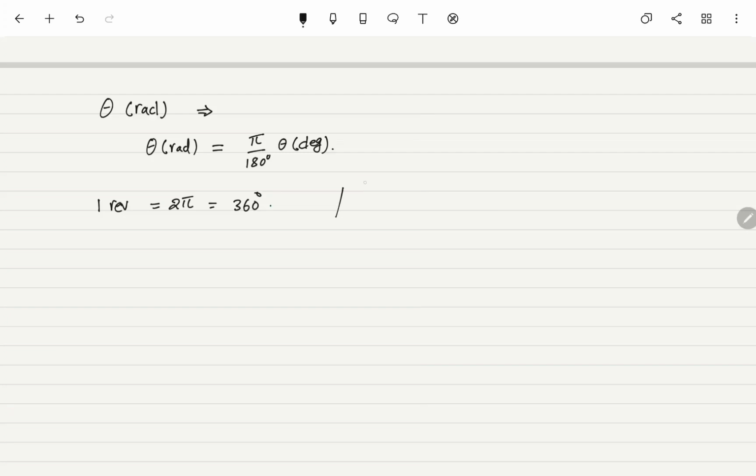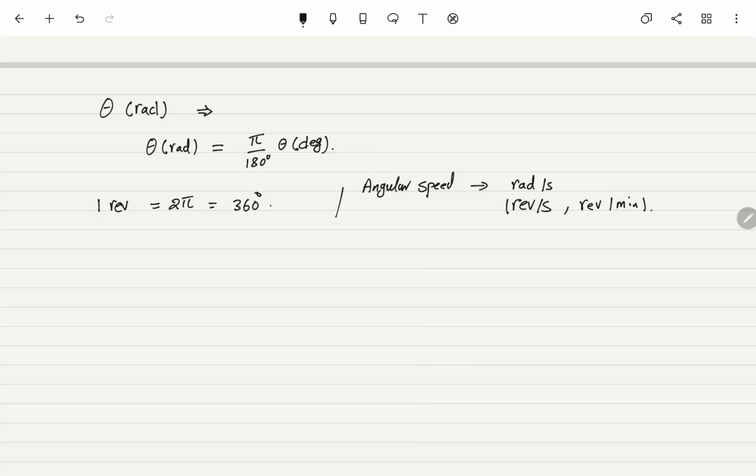Now, angular speed is measured in rad per second, revolution per second, or revolution per minute.